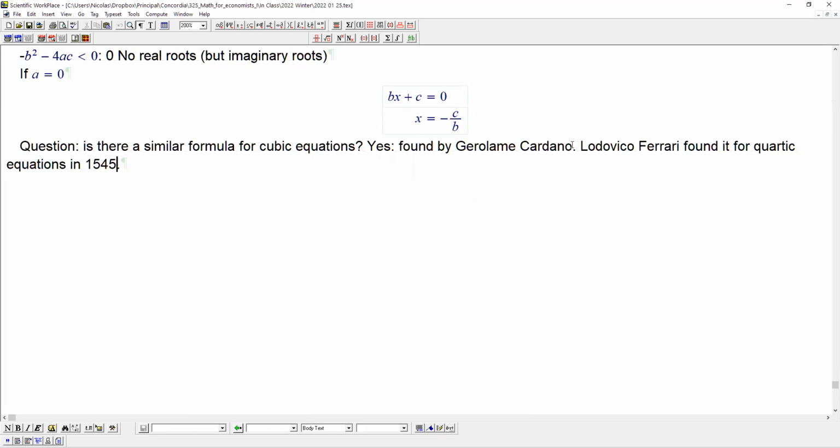So that was high tech. He hid his formula, and nobody was going to share it with anybody else, and that makes it more complicated for attributing it to people if they don't publish anything. But yeah. So somebody knows for quintic.